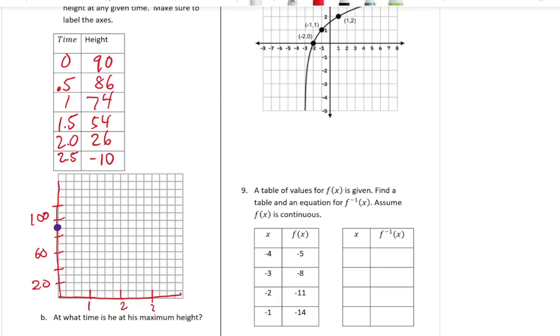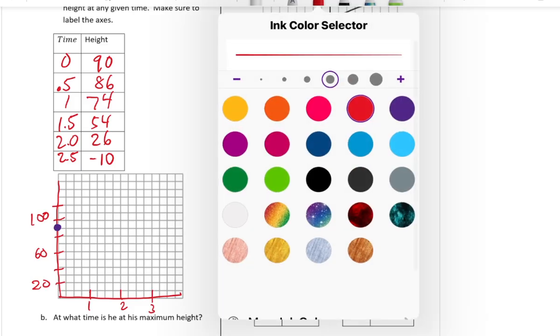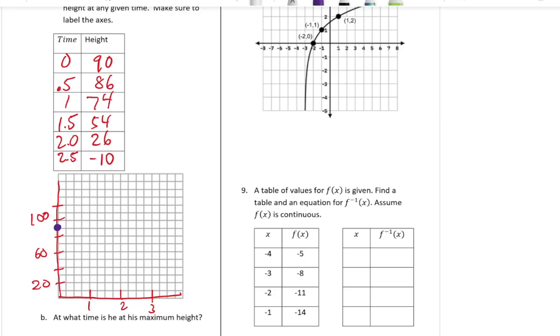And that ought to capture it right there. So 0.5 is at 86. So that's right about here. And at 1 he's at 74. That's right about here, I think.